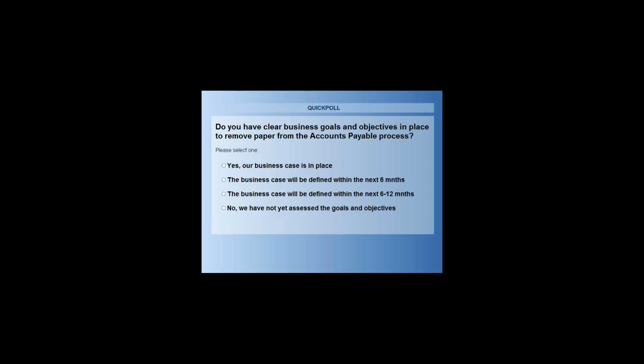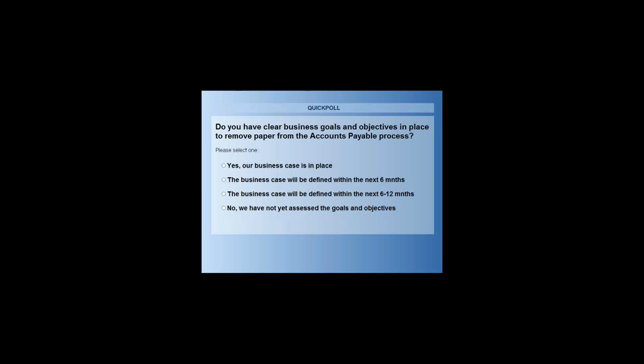And now I would like to hand back to Susie for another poll question. Thank you very much indeed, Gabriella. A very comprehensive overview and incredibly helpful for those of you who are starting out on your e-invoicing project. So on your screen now, do you have clear business goals and objectives in place to remove paper from your AP process? Yes, our business case is in place, or it's just one choice only, please.